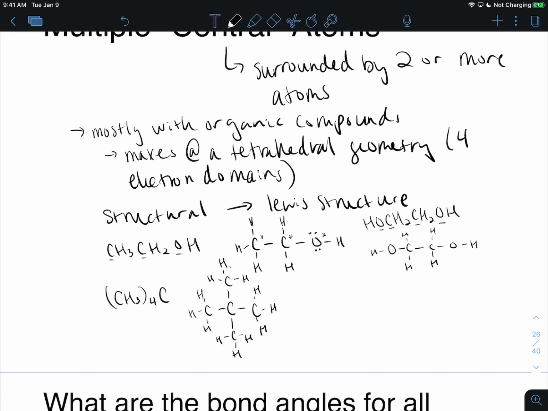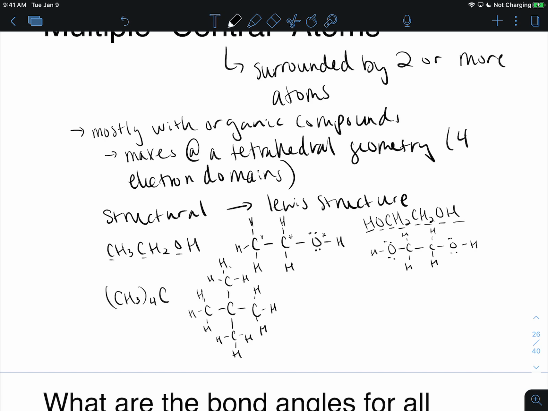This has 1 hydrogen next to that oxygen, 2 hydrogens next to that carbon, 2 hydrogens next to that carbon, 1 hydrogen next to that oxygen, and we get the structure. And again, then we will put in our lone pairs to give everything an octet. All of our carbons have a tetrahedral electron domain geometry and molecular geometry. Our oxygen has an electron domain geometry that's tetrahedral, and then a molecular geometry that's bent.